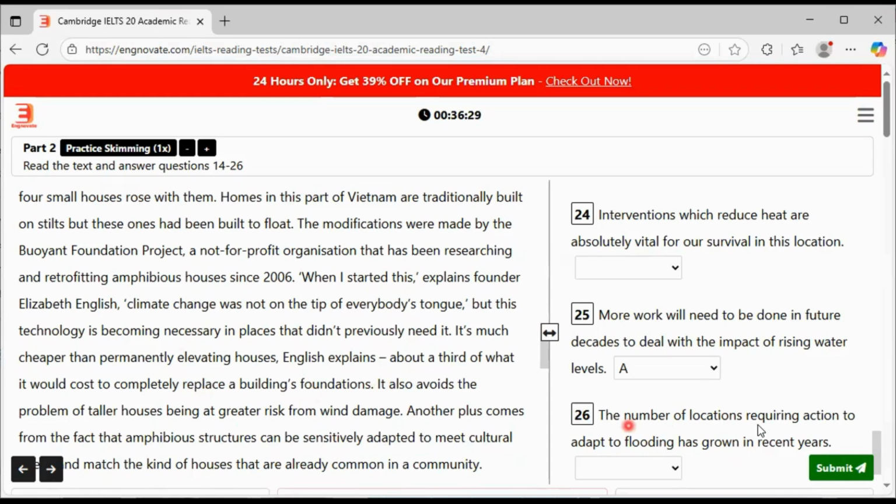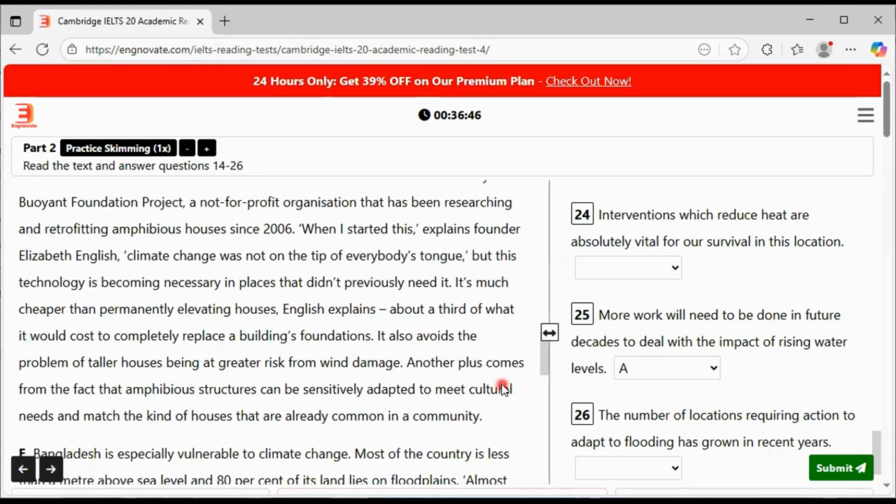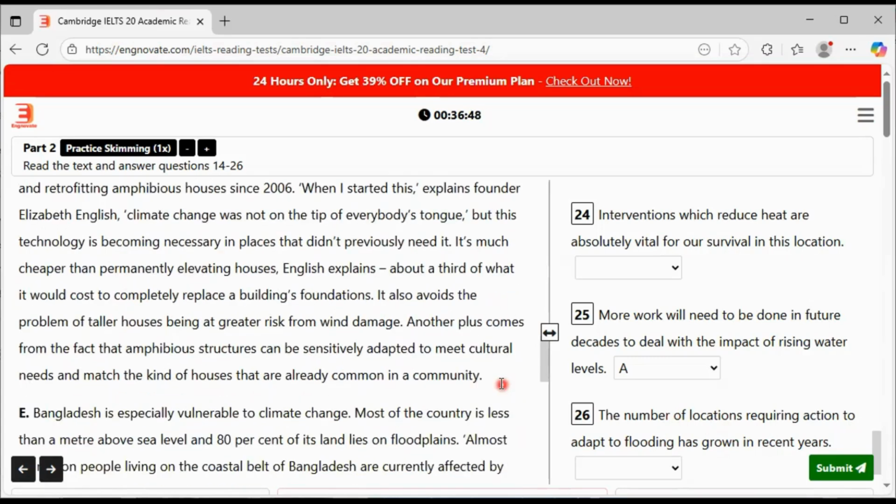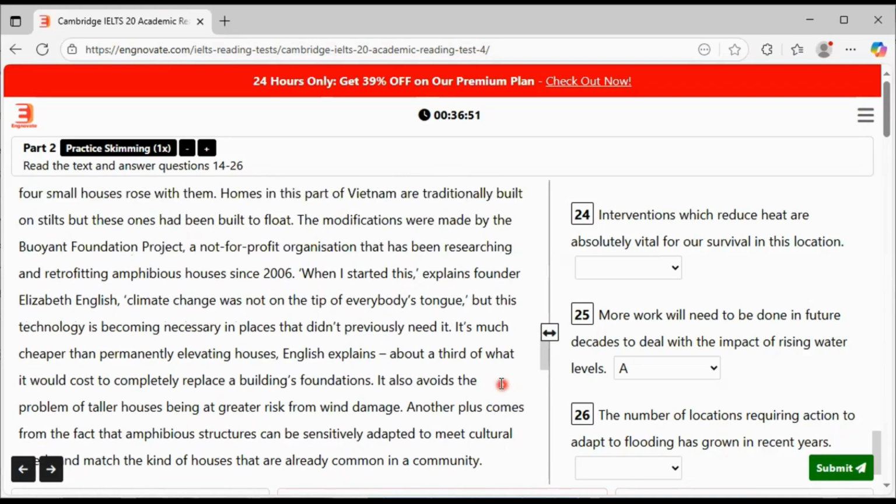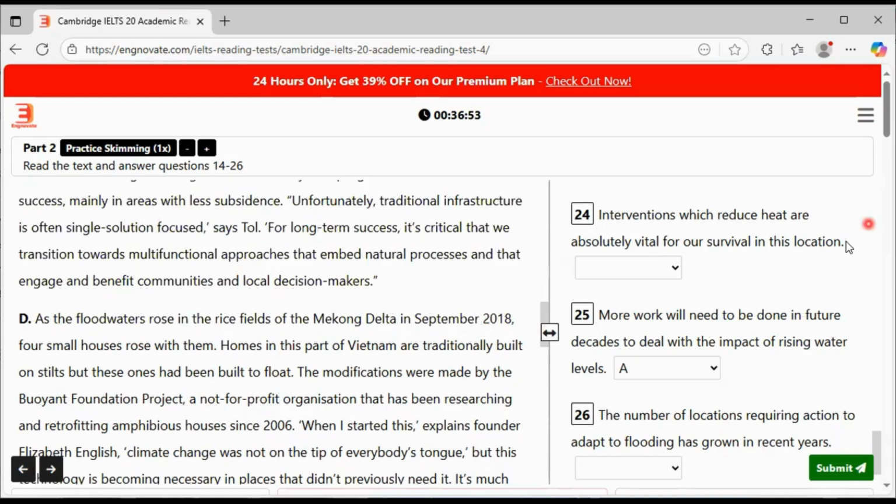The number of locations requiring action to adapt to flooding has grown. This thing sounds like number 20, but number of locations. That's the problem here. I'm not sure. Let me leave it alone. Let me check the other questions.